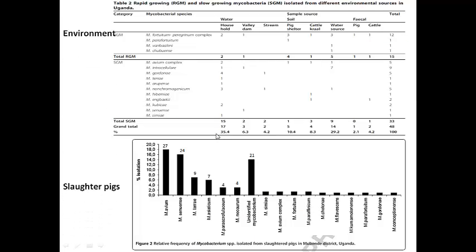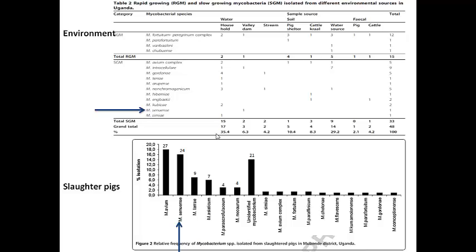If we compare the summary of species that were isolated from the environment and those that were isolated from the pigs, we take an example of Mycobacterium senuense. We see that in the environment we isolated only one Mycobacterium senuense, and this is understandable given the dilution factor that we just talked about, that is controlled by the precipitation.